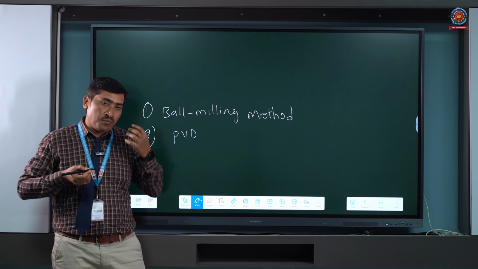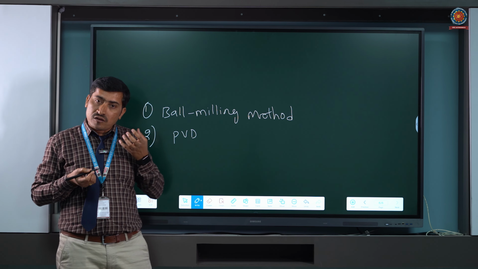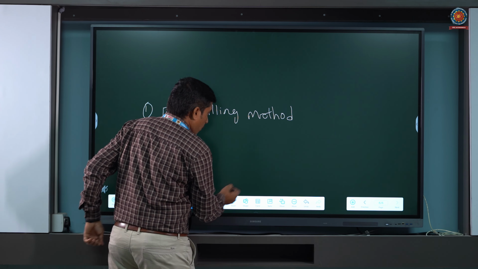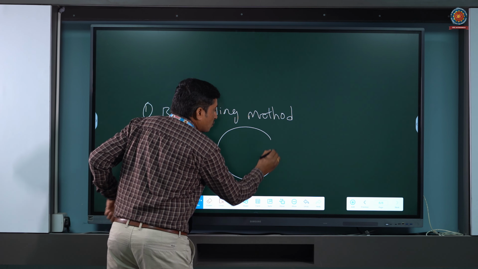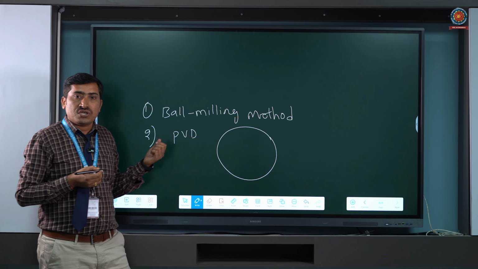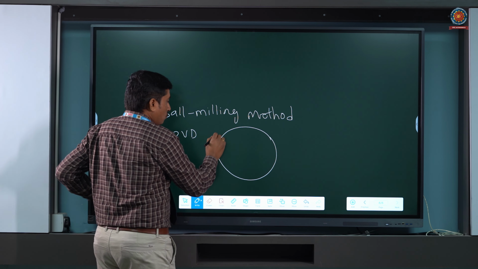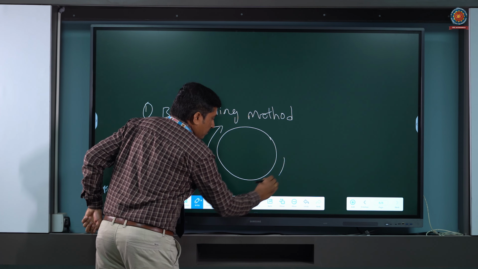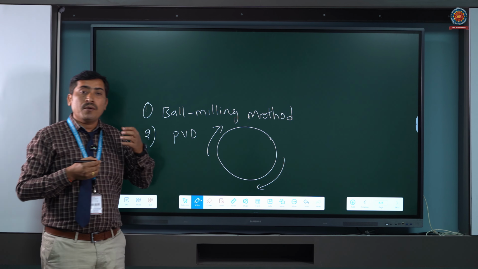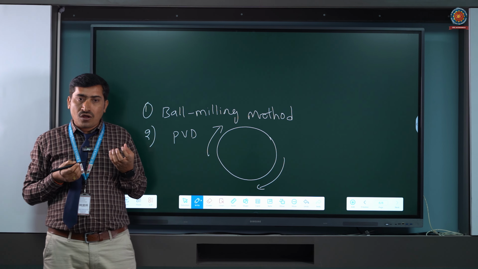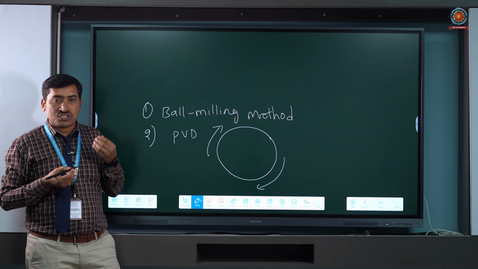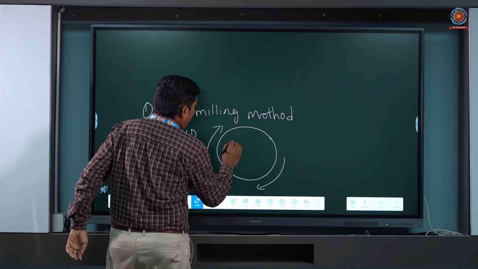We apply mechanical stress on the material. See here, this is a vial or drum that rotates. We insert iron or steel balls into this vial or drum.